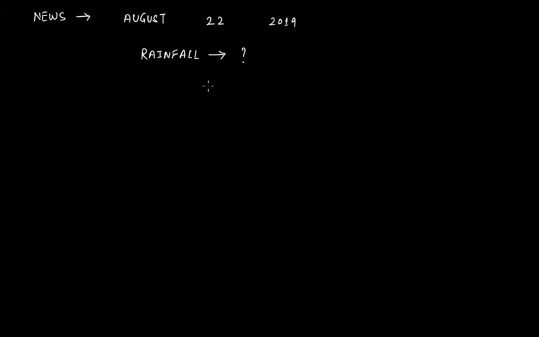Then the anchor tells you that in 2018 we experienced this much rainfall, any number. So what the anchor is trying to tell you is that maybe this year it's really very low rainfall or really very heavy rainfall.